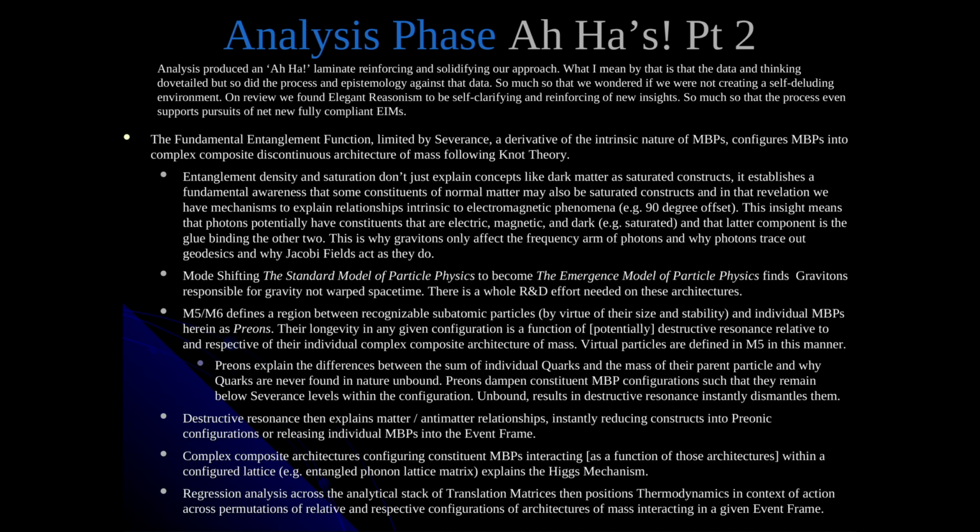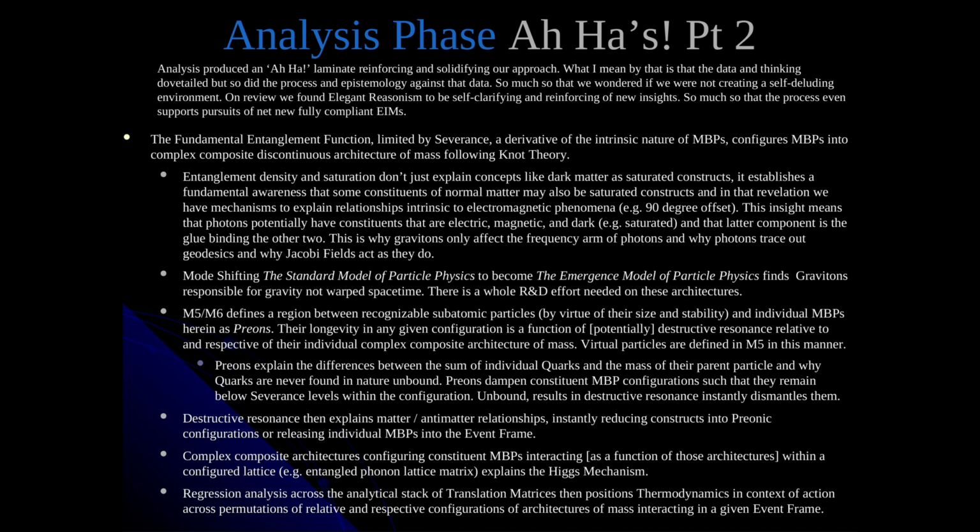So part 2 of the analysis phase, aha. One of the points that I wanted to make sure got into this presentation was that the analysis phase of the initial systems review produced what I call an aha laminate, not just an aha moment or a continuum, but a laminate, and it reinforced and solidified our approach.